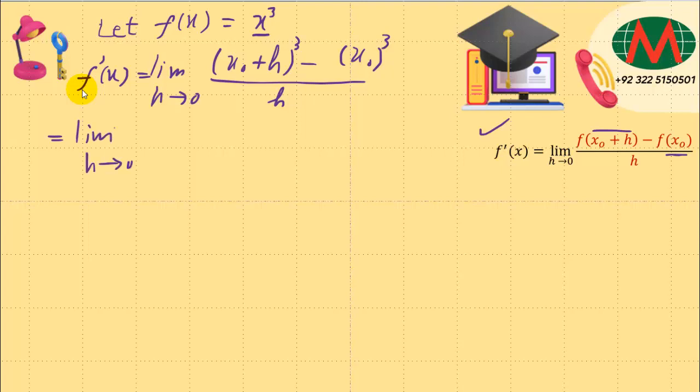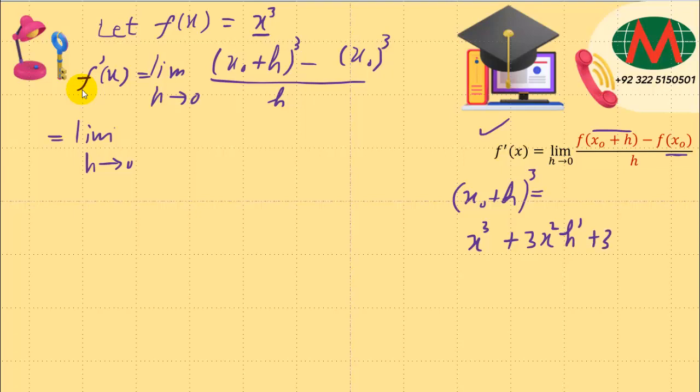So now the limit as h tends to 0. So let's expand this. You should know that (x0 + h) whole cube. The formula is, I put this cube over here, cube will come over here, and then plus 3, then it will be x square, and there will be h power 1.